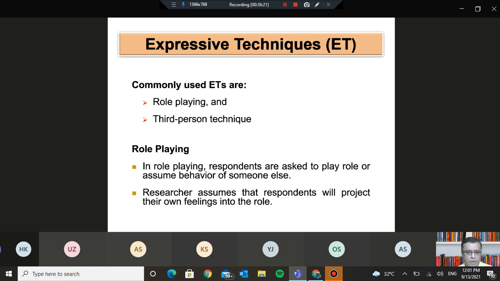If I ask somebody directly, have you taken dowry? Have you ever shoplifted? The person will not openly accept it. So in these settings, we may have to resort to methods where we allow the person to express his or her own feelings by using others.